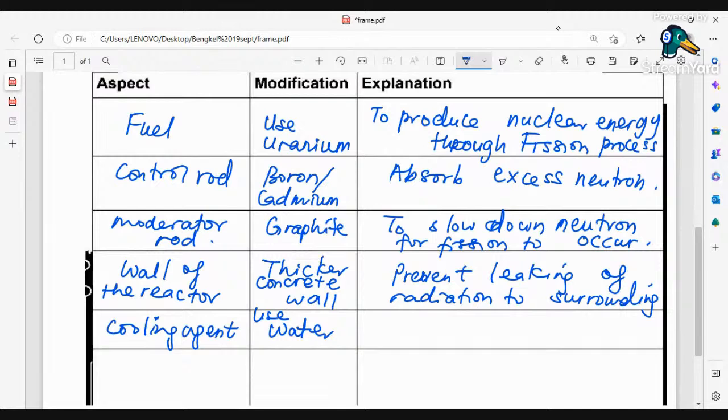High specific heat capacity. Okay, absorb large amount of heat.